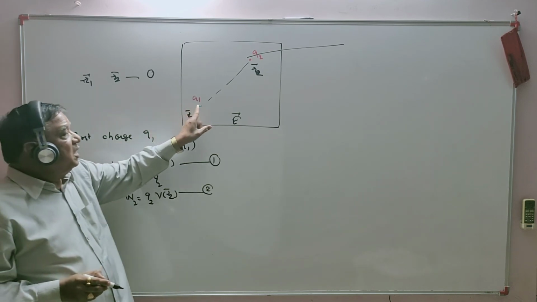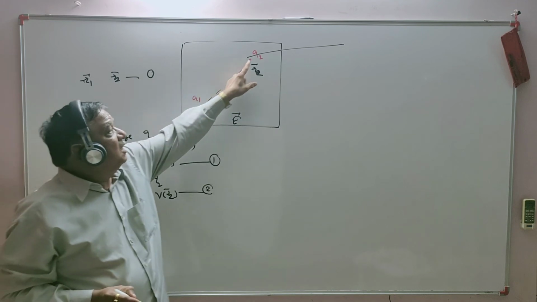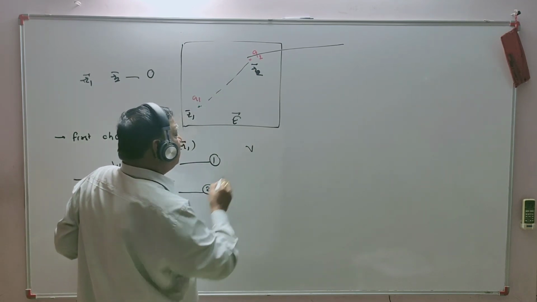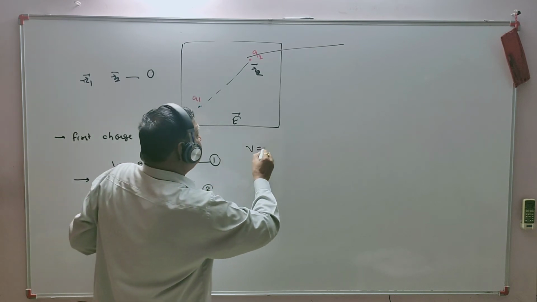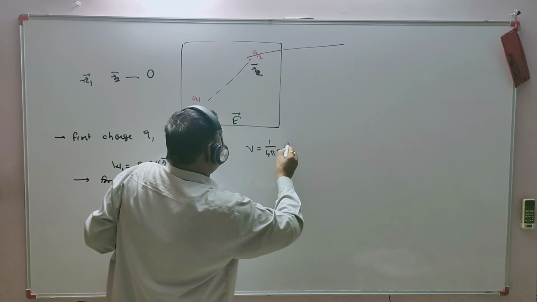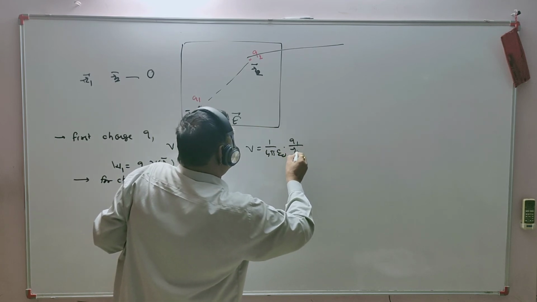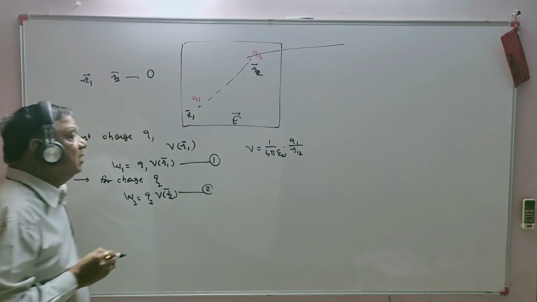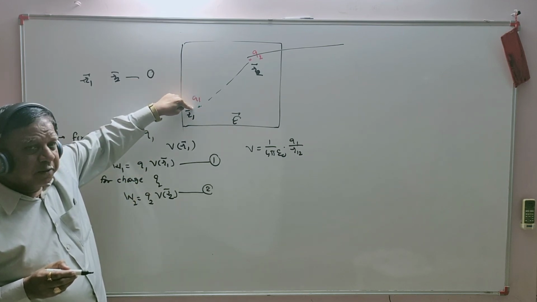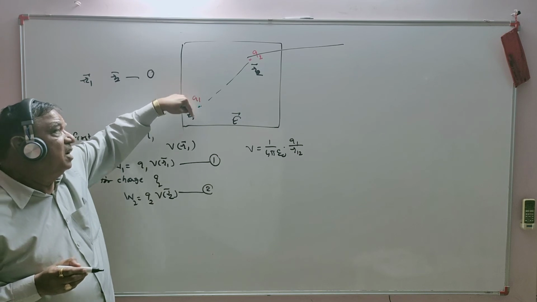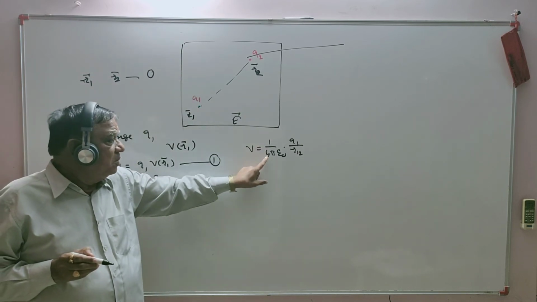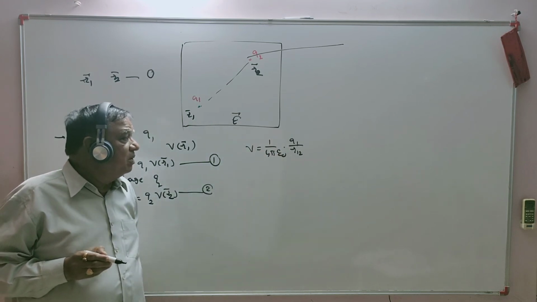The potential due to q1 at this point is V = 1 upon 4 pi epsilon 0 q1 upon r12. Potential due to charge q1 at position r2 is given by V = 1 upon 4 pi epsilon 0 q1 by r12.